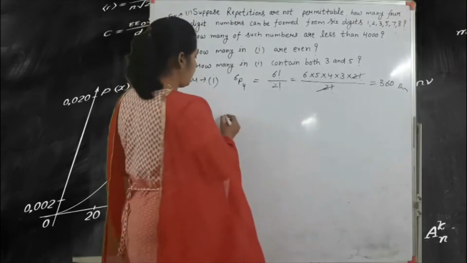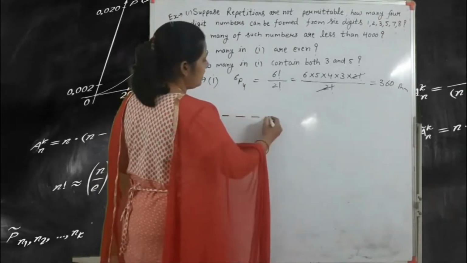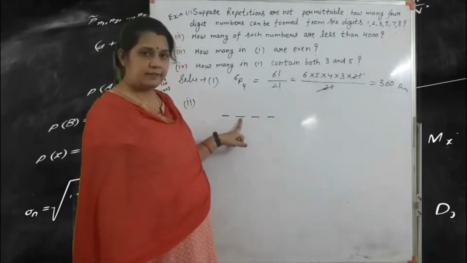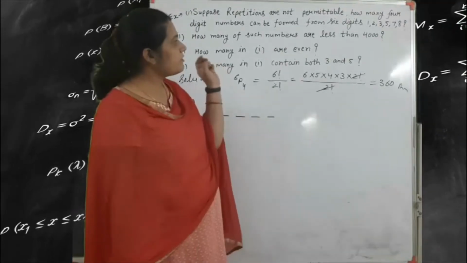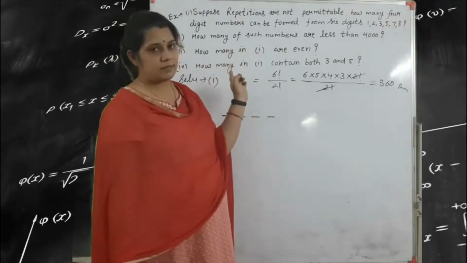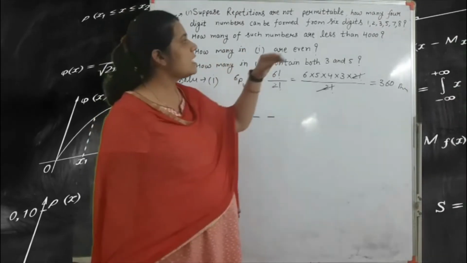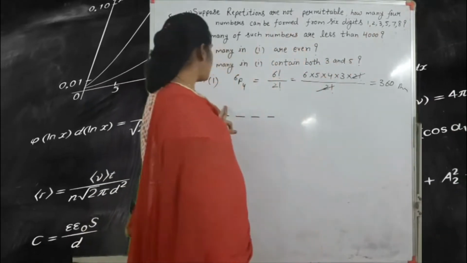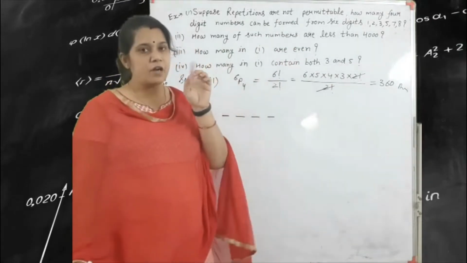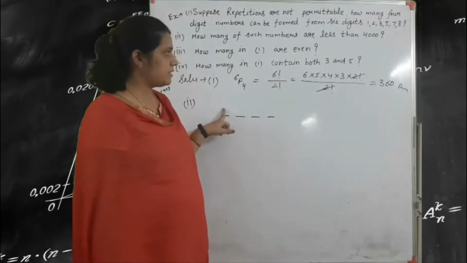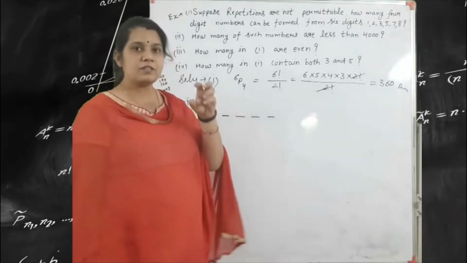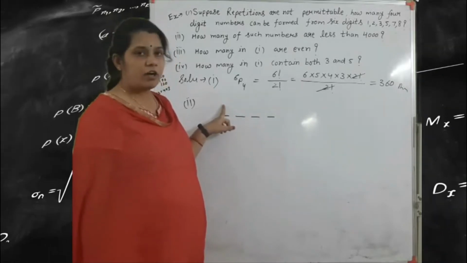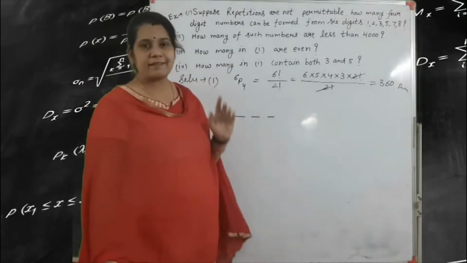We have 4 places: unit, tens, hundreds and thousands. To get numbers less than 4000, we use 1, 2 or 3 in the thousand place, because if we write 5, 7 or 8, the number is greater than 4000.